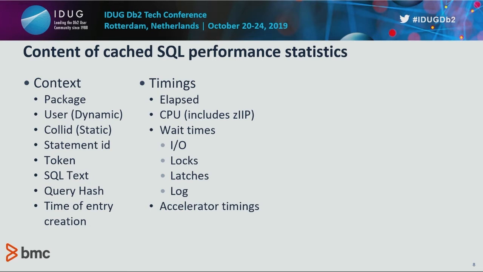If the statement's accelerated, then you get the accelerator timings that tell you how long it was actually being processed in the accelerator, and then how long it took for DB2 to process it once the results started coming back.